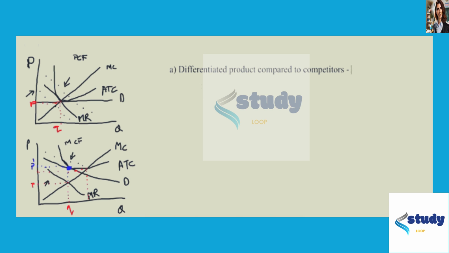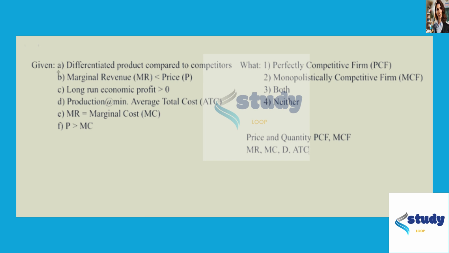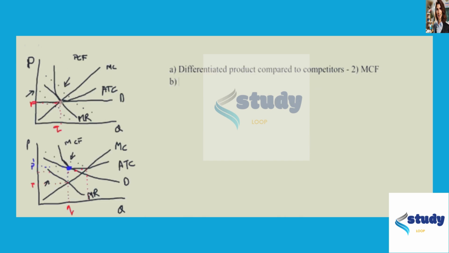For example, books. Books on econ by different authors might sell at different prices. So that's clearly a monopolistically competitive firm. Now, what does the second characteristic say? Here's a firm that is operating at a point where the marginal revenue is less than the price it's selling at. For a perfectly competitive firm, the marginal revenue in fact equals the price, so it's not a perfectly competitive firm.